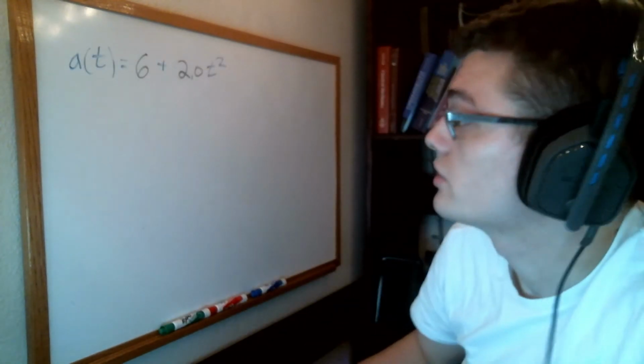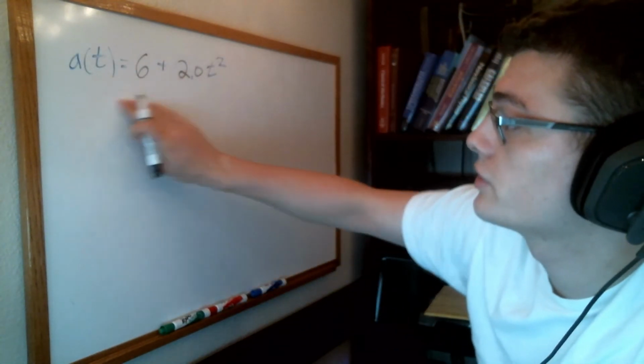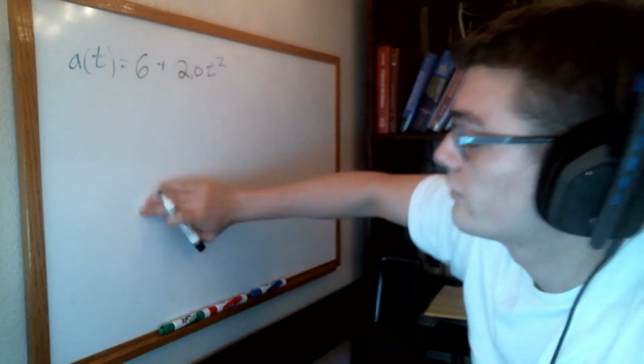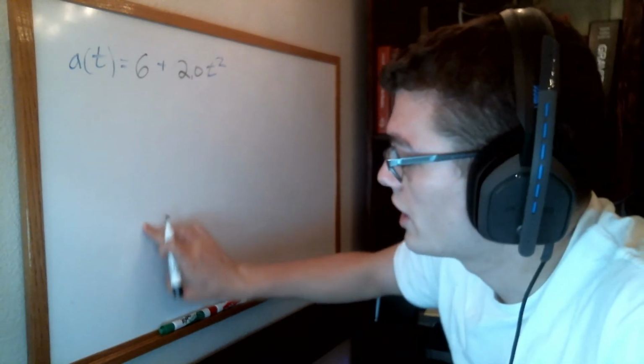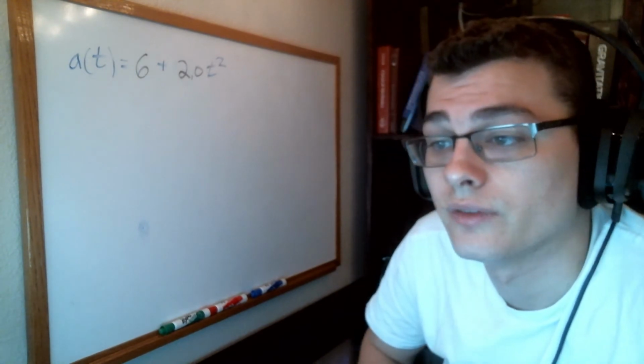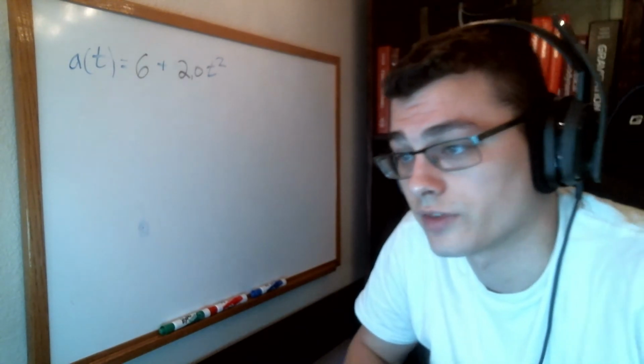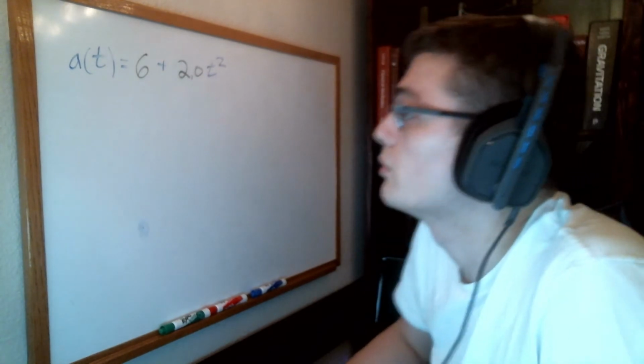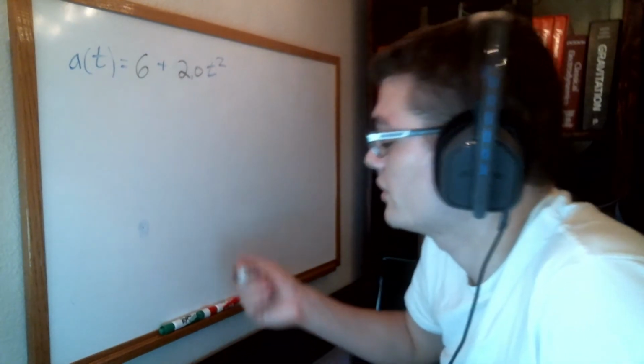Okay, so we're going to take our acceleration function here, and for problem 6, we have to take this function and get an expression for the velocity as a function of time. So we first need to integrate this.